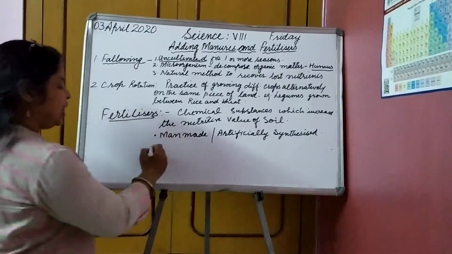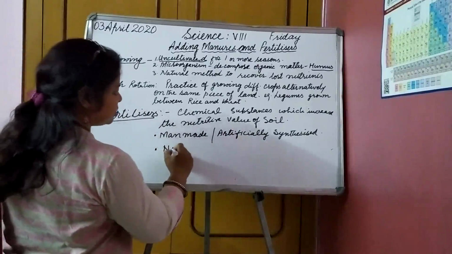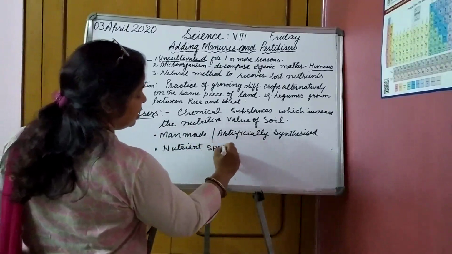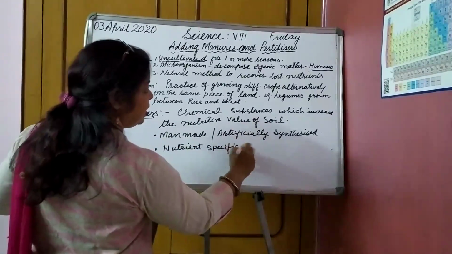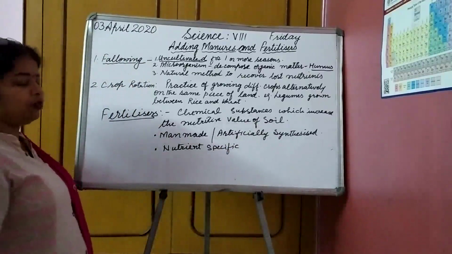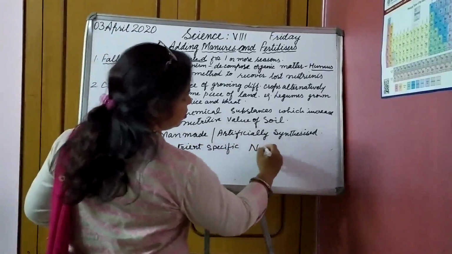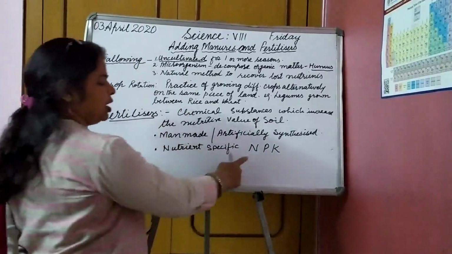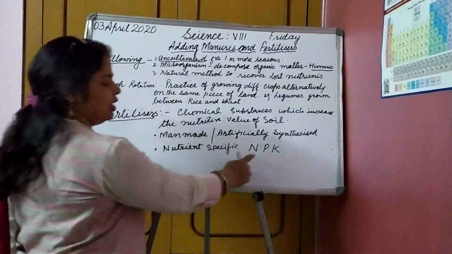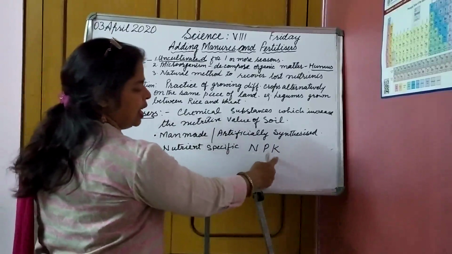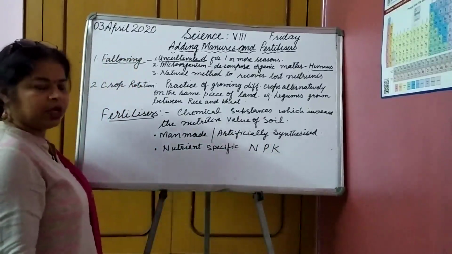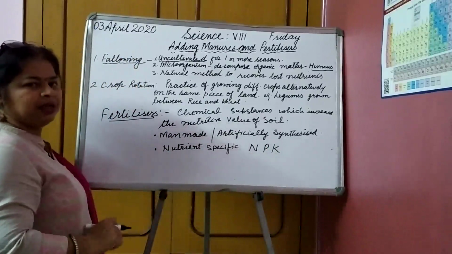Okay, they are nutrient specific, meaning they supply a particular nutrient. For example, let me give you the name NPK. NPK means what? Nitrogen, phosphorus and potassium. K is the symbol of potassium. These are required by the plants.